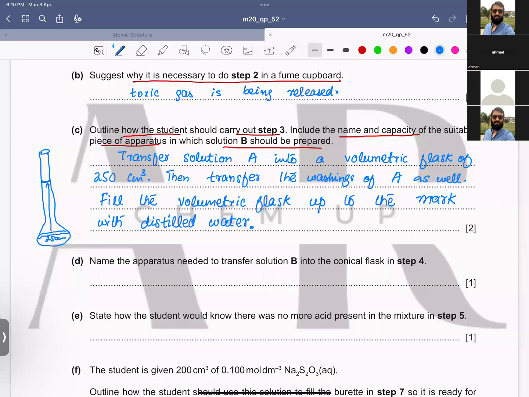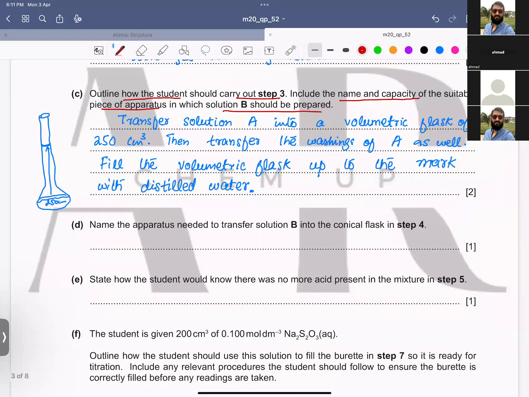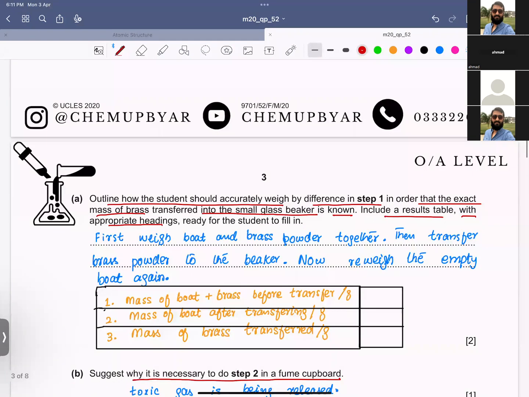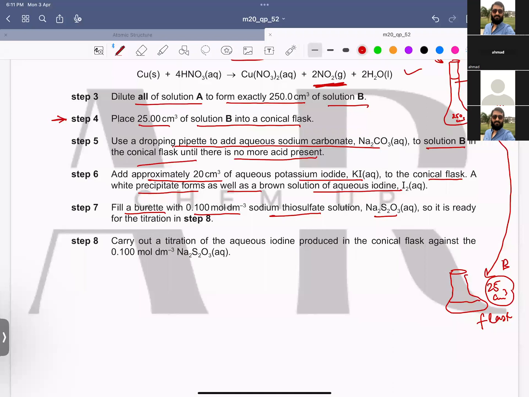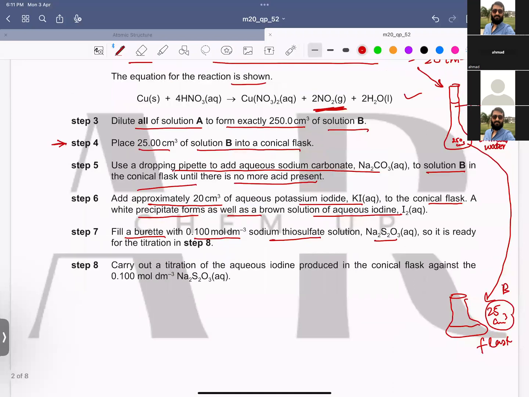Okay. Next, name the apparatus needed to transfer solution B into a conical flask in step 4. So C. Look over here. From here, the titration part is starting, and from this, as I've told you, we have transferring 25 cm³ of B into a flask. Yes, so most of you, I hope, performed titration previous year.